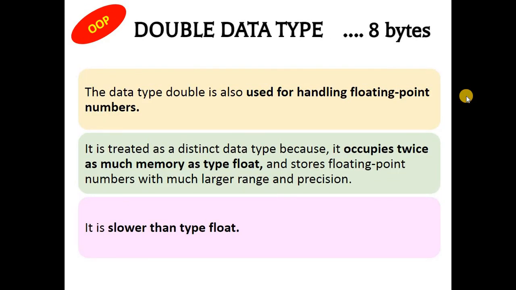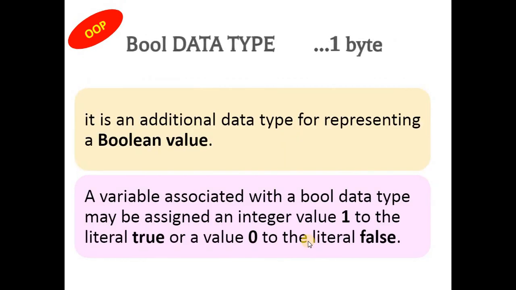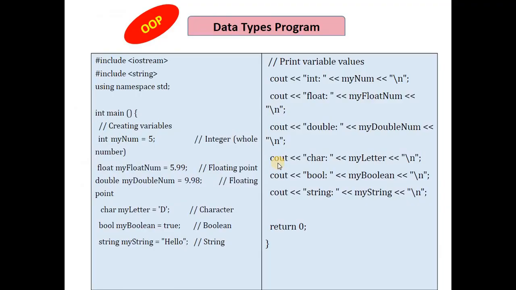Then you have the double data type, which is also used for handling floating point numbers, but it occupies twice as much memory as type float, and it is slower than type float. Next is the boolean data type, which represents a boolean value. It has 2 integer values associated with it, that is 1 or 0, or it can have a literal value true or false. So these are the data types.